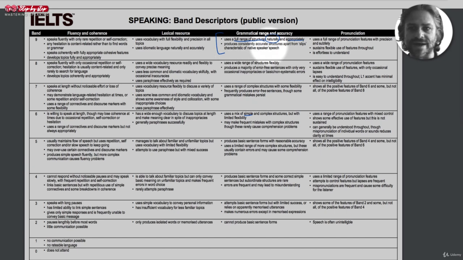Produces consistently accurate structures apart from slips, characteristic of native speaker speech. Slips are mistakes that native speakers make, that every native speaker makes just because it's so easy to do. I mean, I know that I used to incorrectly say, did you used to go, right? I make this slip.